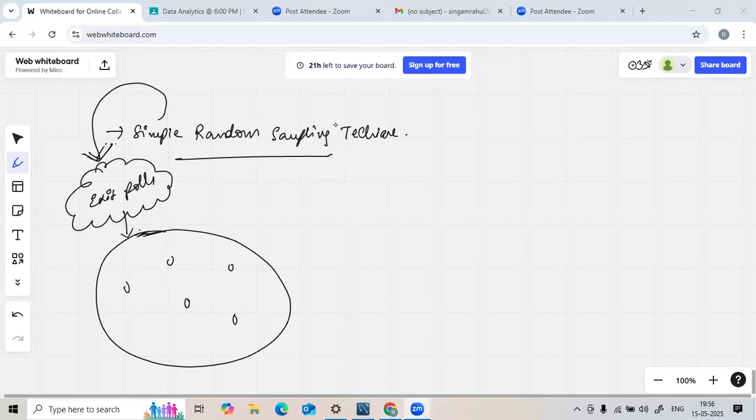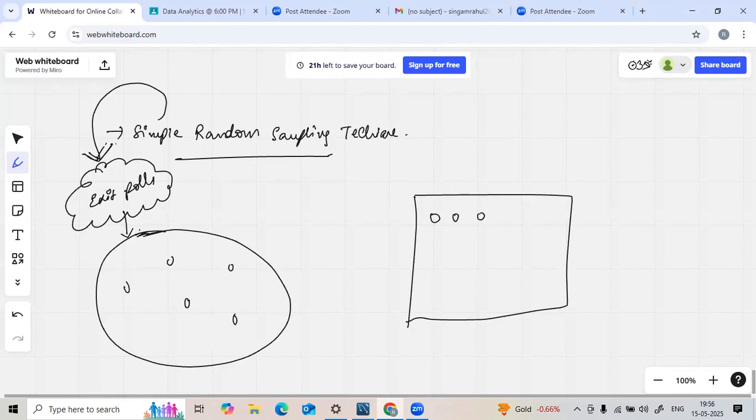Or else take one more simple example. Even if you're not satisfied with the exit polls example, consider this very simple one.